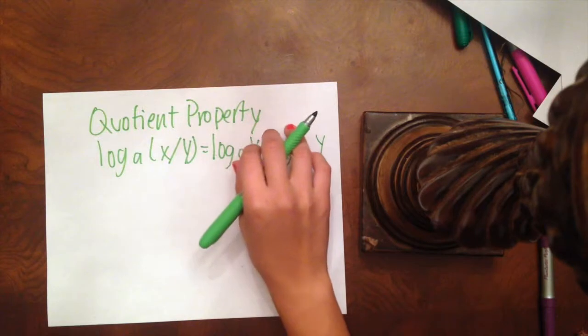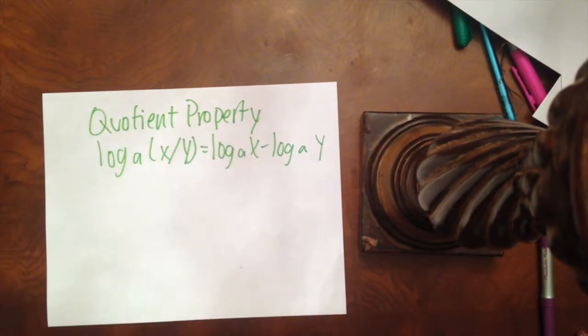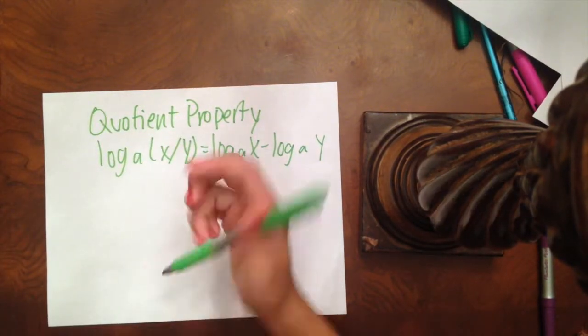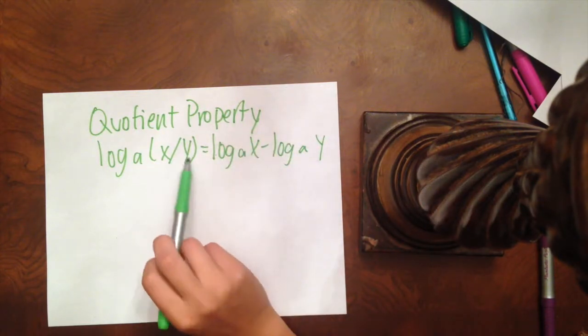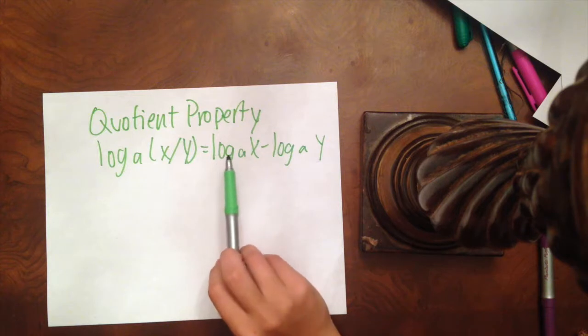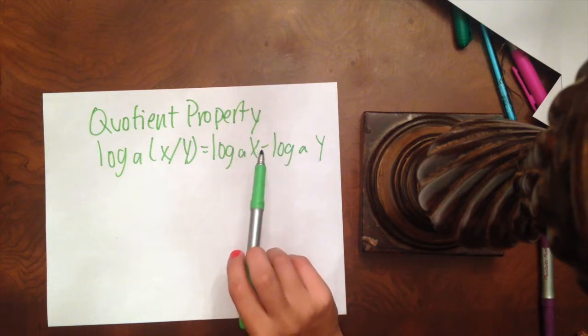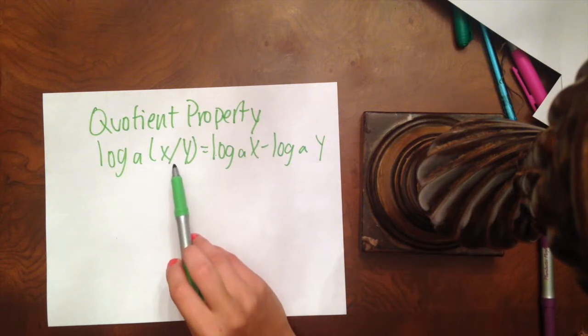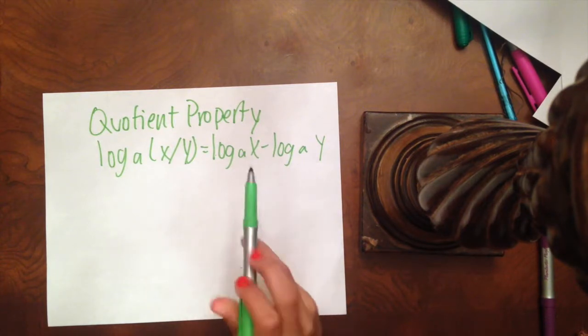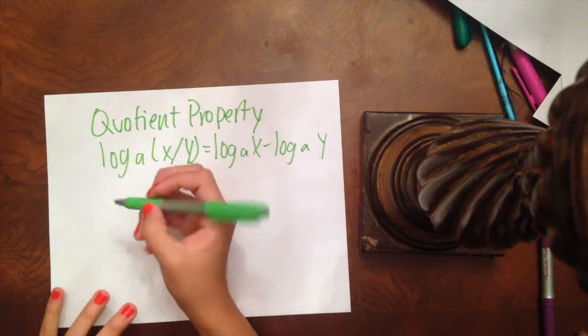The quotient property is when the log of two numbers, x and y, is being divided, as shown right here in the formula, and it can be split into two different logs: the log of the dividend, x, minus the log of the divisor, y. Let me show you an example now.